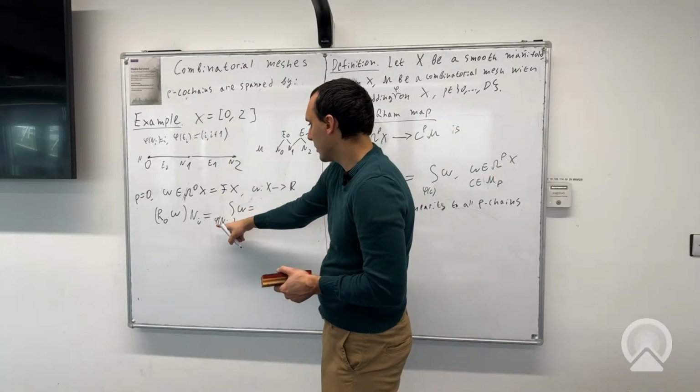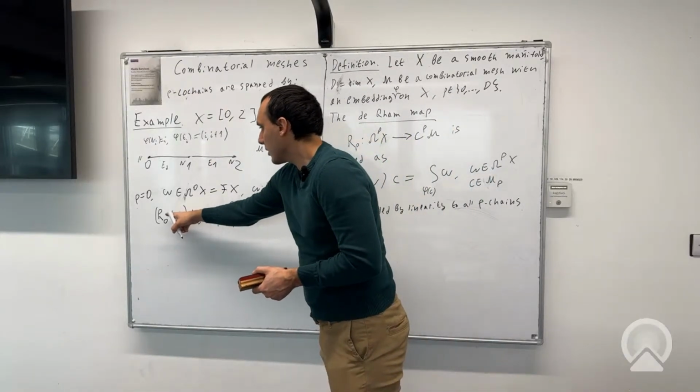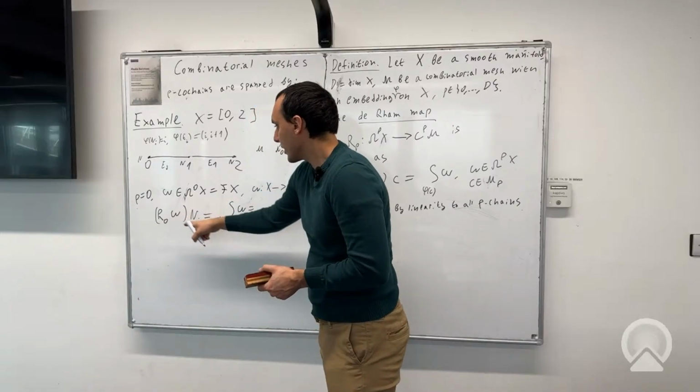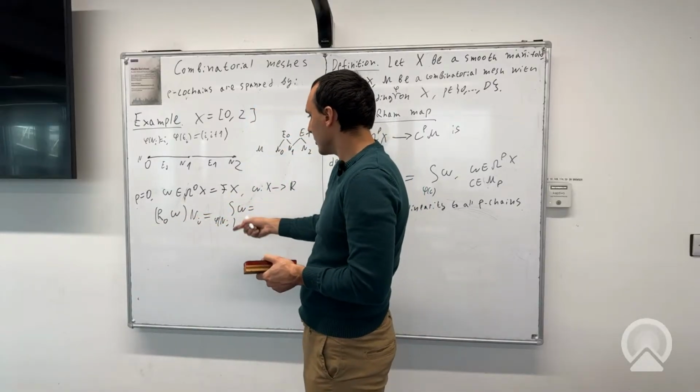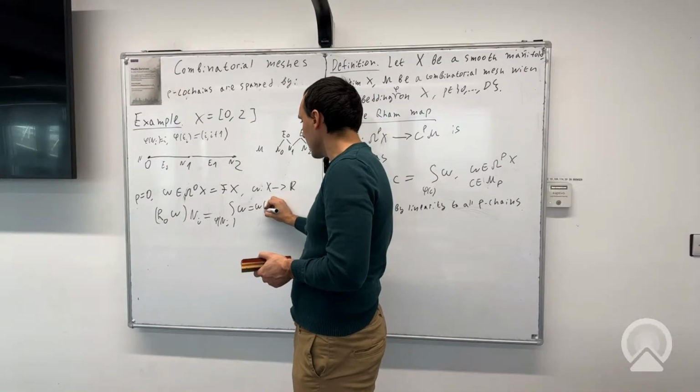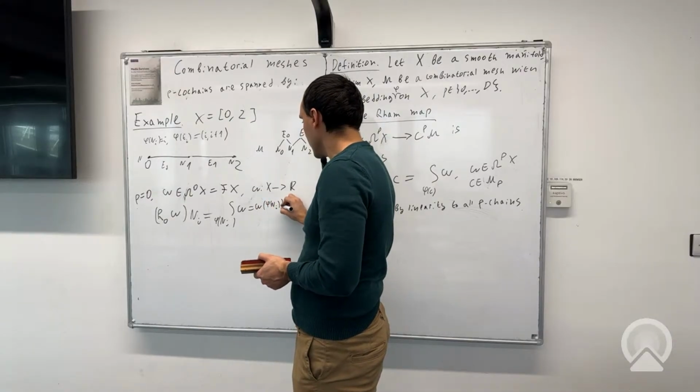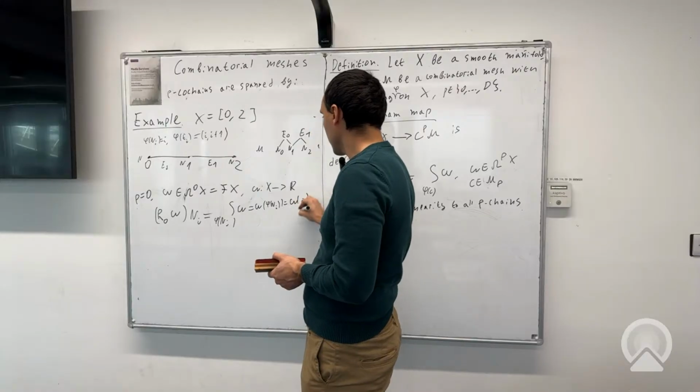So we have the de Rham map of omega applied at a cell is the integral, but the integral of a function over a point is the function applied at it. So this is omega of phi of N_i, which is omega of i.